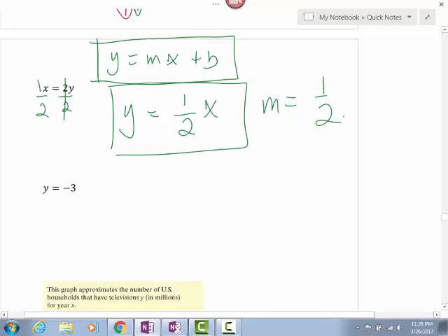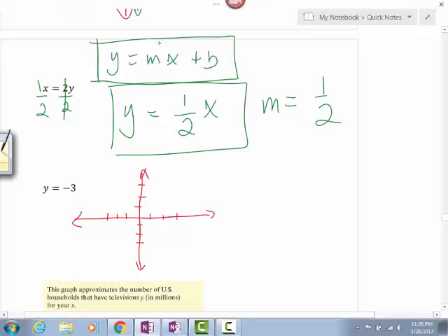All right, now my next one here is y equals negative 3. So again, the first thing I notice is that I don't have an x in this problem. So again, I want to take a look at what would the graph of y equals negative 3 look like. So let's go 1, 2, 3, 1, 2, 3, 1, 2, 3, and 1, 2, and 3.